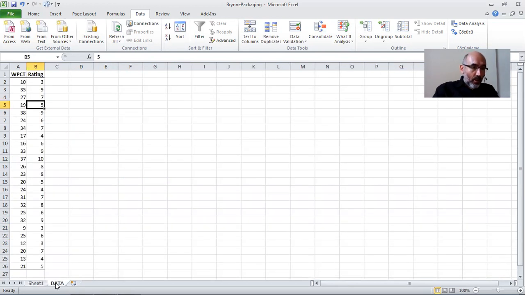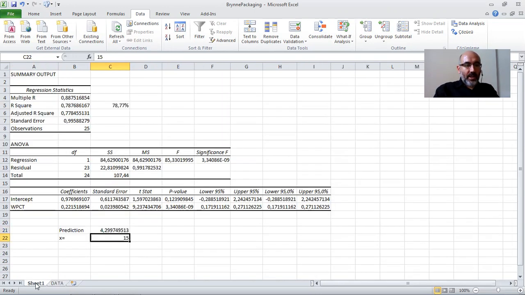I don't know if I already had a 15 here. Let me check. I don't think I did. But I have, for example, a 13 with a prediction of 4, and I have a 16 with a prediction of 6. So a prediction of 4.29 for WPCT of 15 is maybe reasonable. So I could do a prediction using these coefficients.